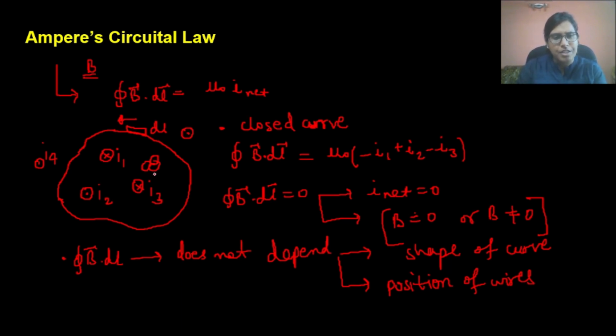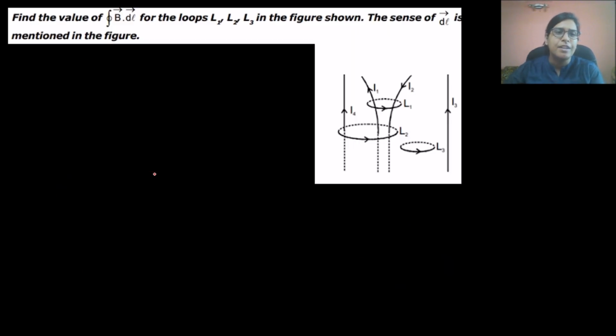Now we will solve a question depending on this law. The question is, find the value of B dot dl for the loops L1, L2, L3 in the figure shown. The sense of dl is mentioned in the figure. So if we curl our fingers in this direction, then the thumb will represent this direction, that means currents which are flowing in this direction will be taken with positive sign.